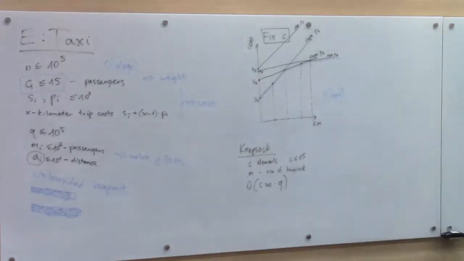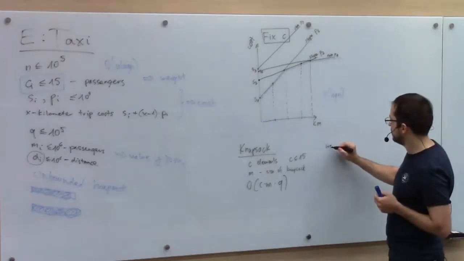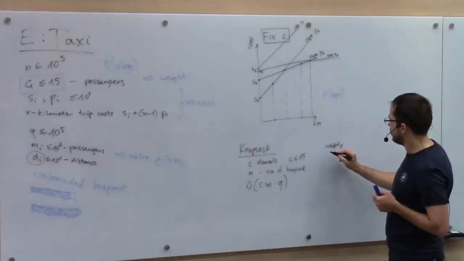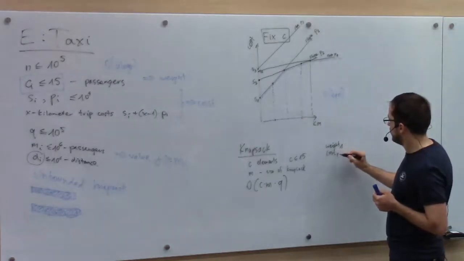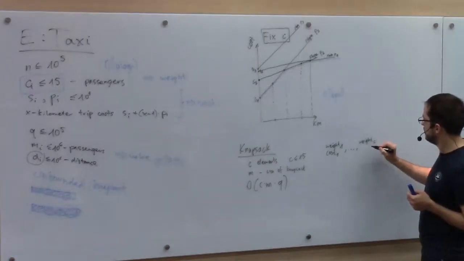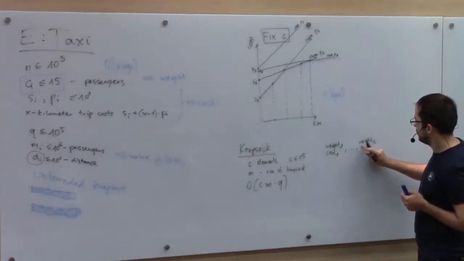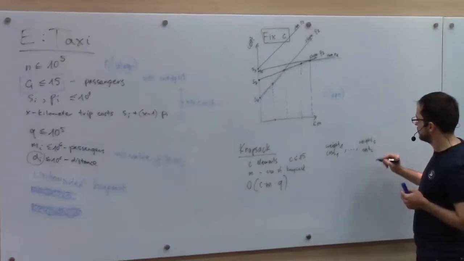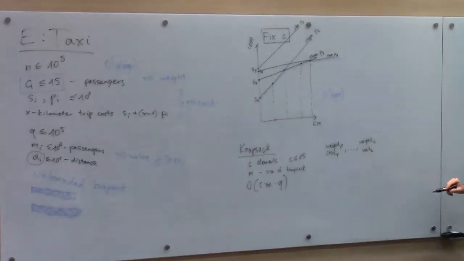Let's say we have weight 1 and cost 1, up to weight C and cost C. So we have C elements, and they have weights and costs.